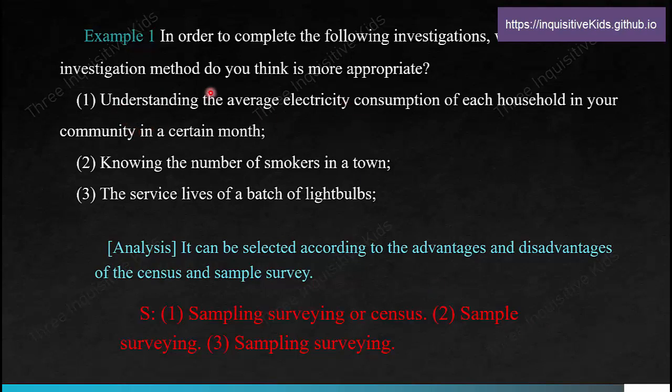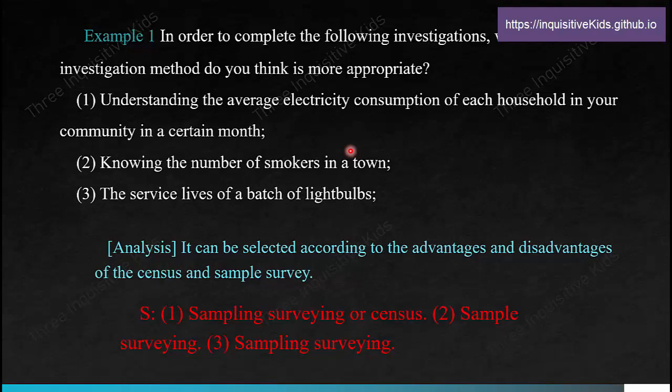1. Understanding the average electricity consumption of each household in a community in a certain month. Notice how this says average electricity consumption of each household in a community. First, community, you could think of the whole city as just your neighborhood or just your apartment building.